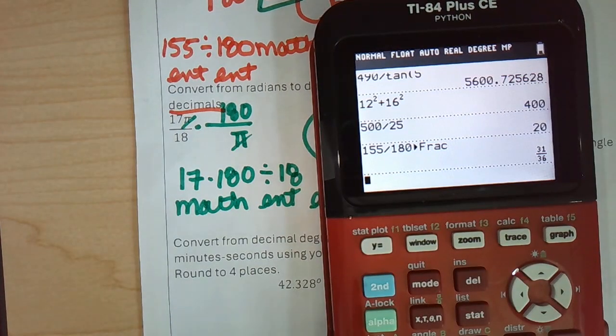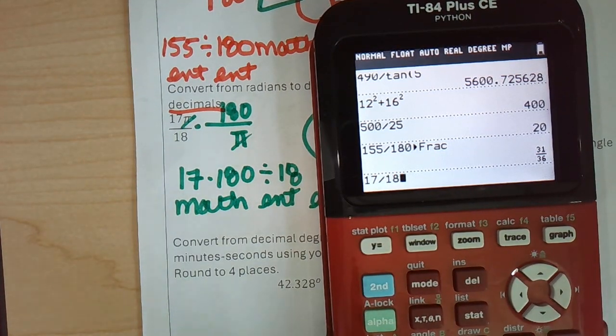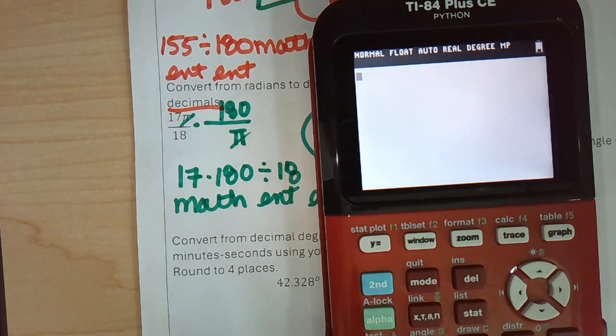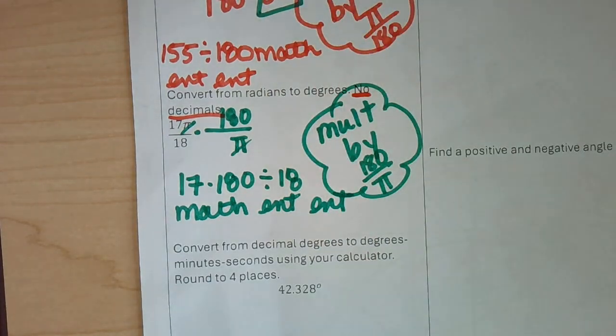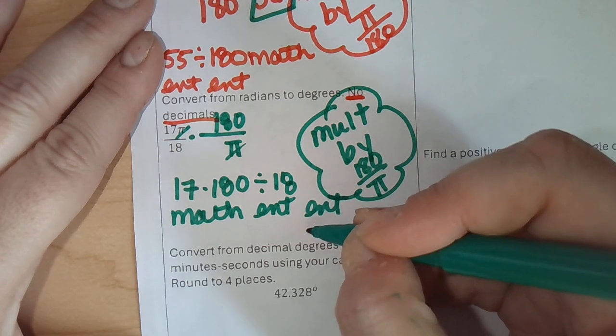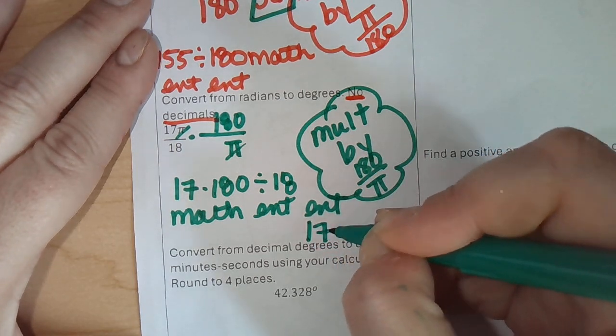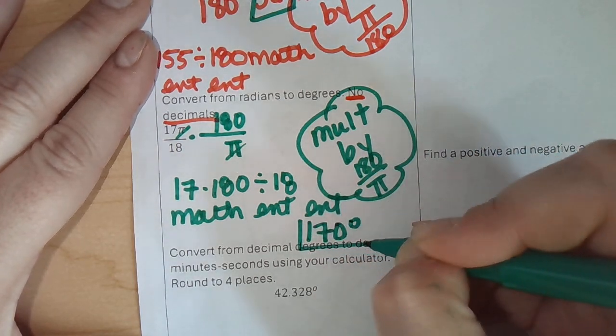Sorry, 17 times 180 divided by 18 equals 170. So this turns into 170 degrees.